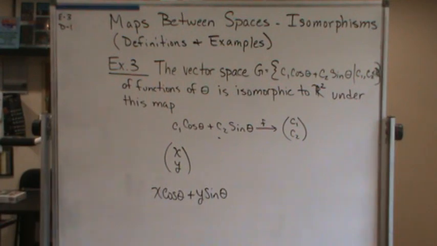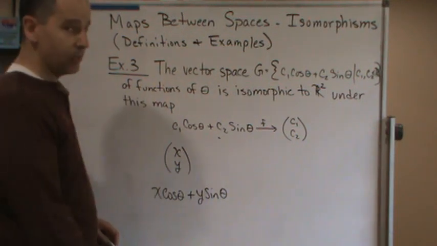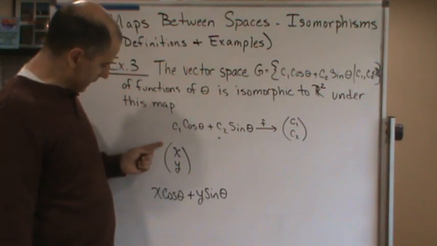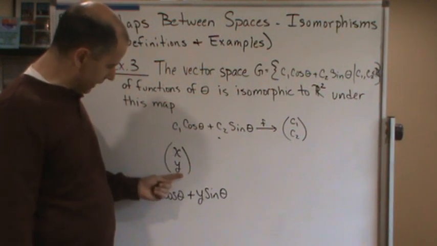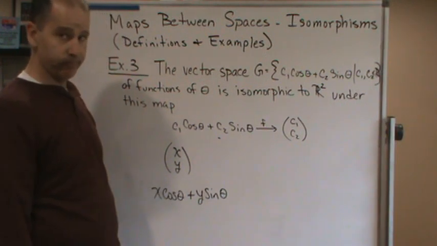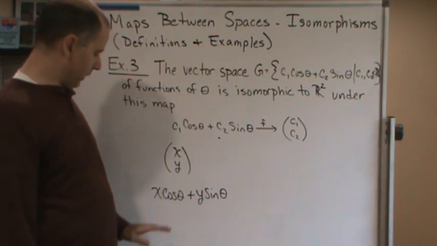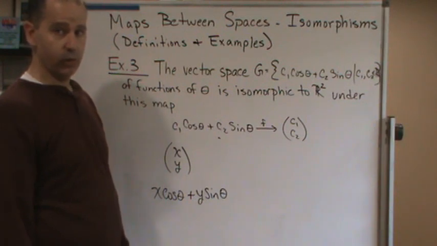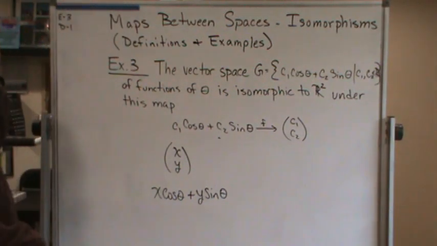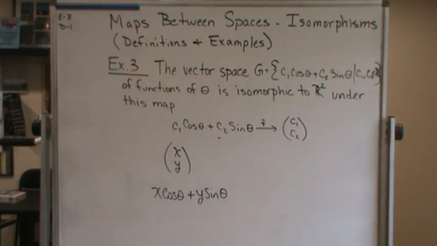So this shows onto, because we can see that any vector of this form is going to be the image of a vector in this form. So it's obvious that the mapping is onto. So now that's the first condition. Going on to the second condition, we want to show that structure is preserved.